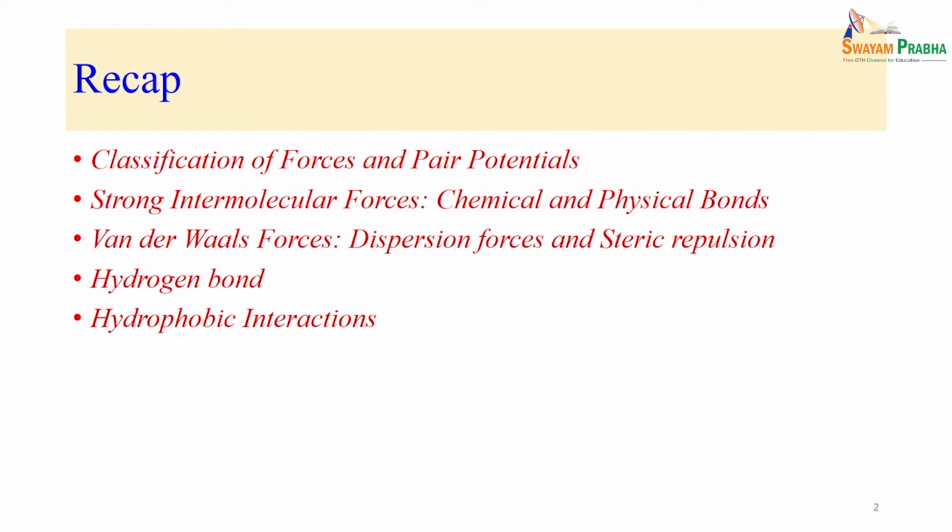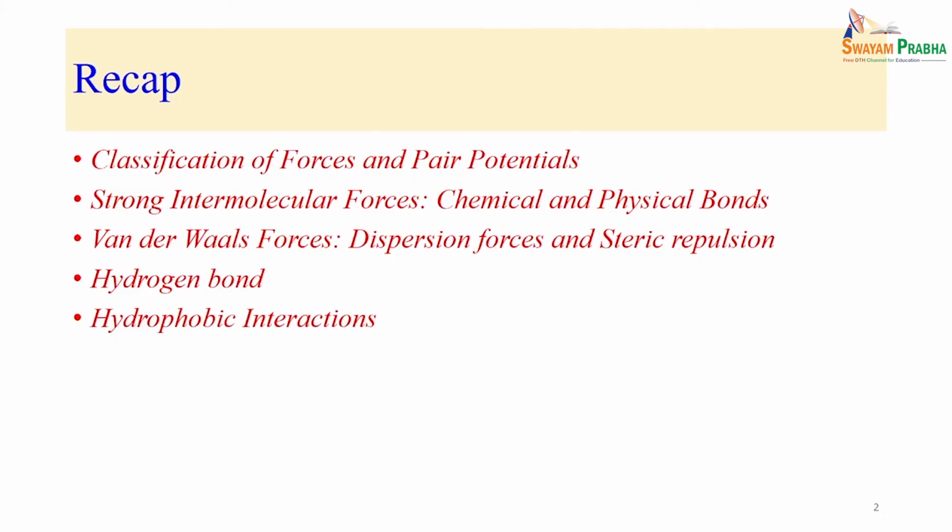Then we discussed in detail the strong intermolecular forces, chemical bond and physical bond. For chemical bond, we considered the covalent interactions, and for physical bond, we considered the Coulomb electrostatic interaction between charges, dipole and charge, and dipole interactions. We also discussed the van der Waals dispersion force as well as the steric repulsion.